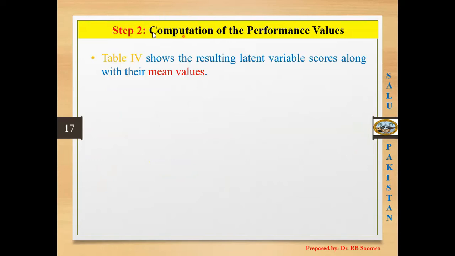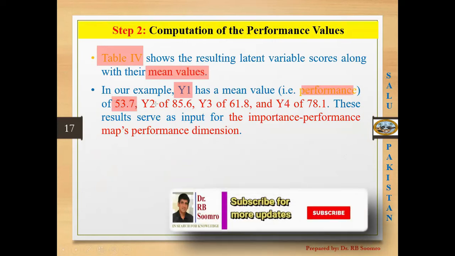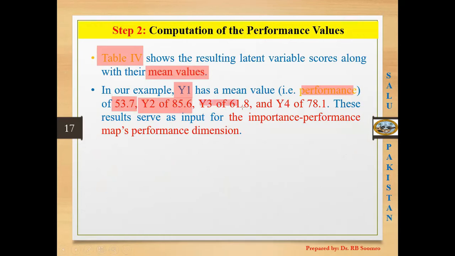So in this regard, Table 4 shows the mean values only. In our example, Y1's mean value of performance is 53.7, Y2's mean value is 85.6, Y3's mean value is 61.84, and Y4 stands at 78.1.